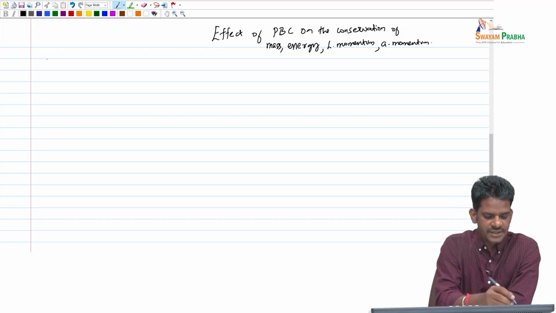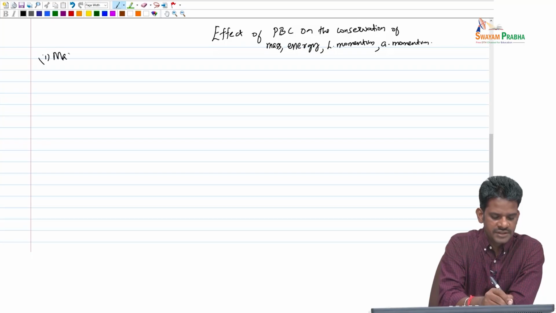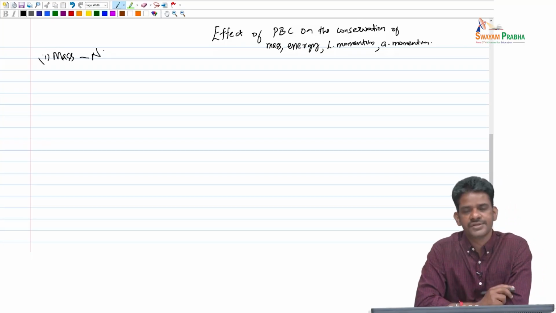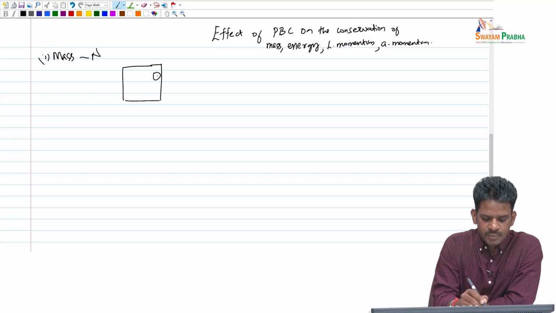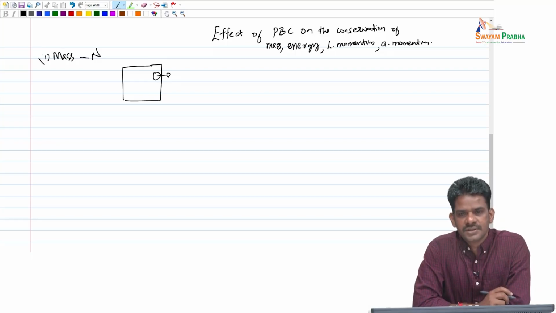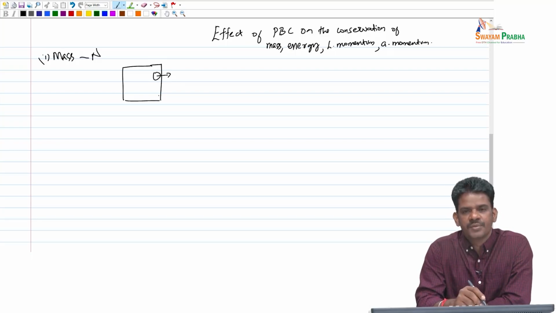As far as mass is concerned, this is basically the number of particles. If you remember, in periodic boundary conditions, whenever a particle moves out of the box, the number of particles decreases by 1.